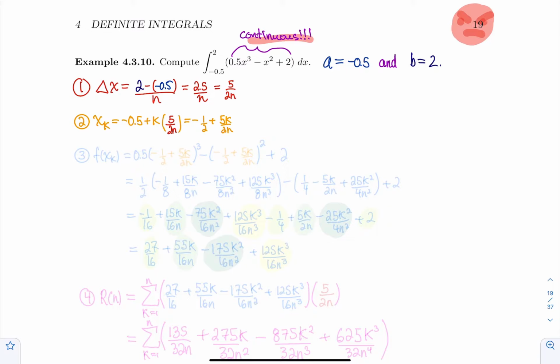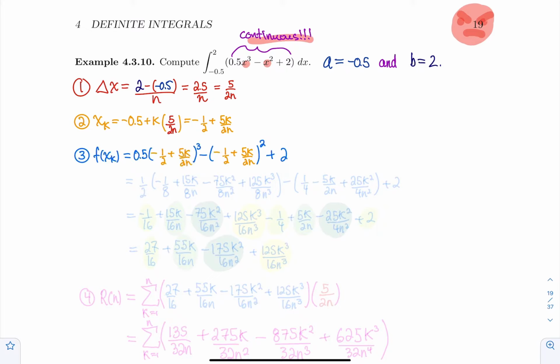Step 3 is to compute f of xk, which will be the height of the kth rectangles. So here, for f of xk, you need to start with your function, 0.5 x cubed minus x squared plus 2, and you need to replace every single x by xk that was freshly computed to be minus 1/2 plus 5k over 2n.